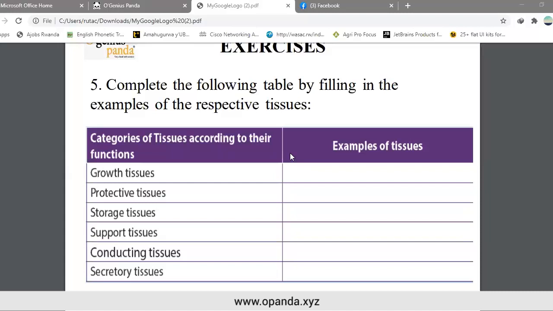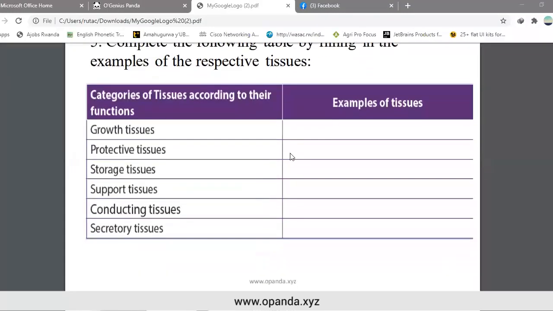You have categories of tissues according to their functions. Growth tissues, example. Okay. If I can try, I think. Yes, Irene.